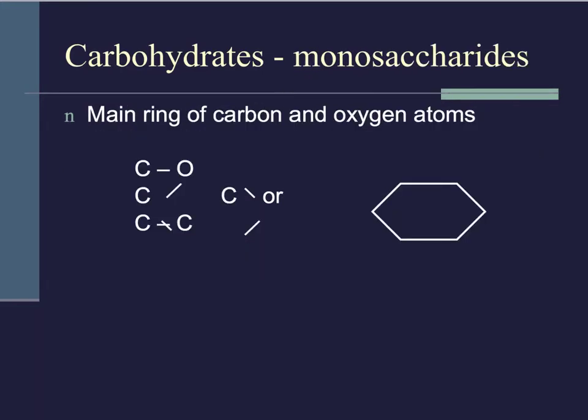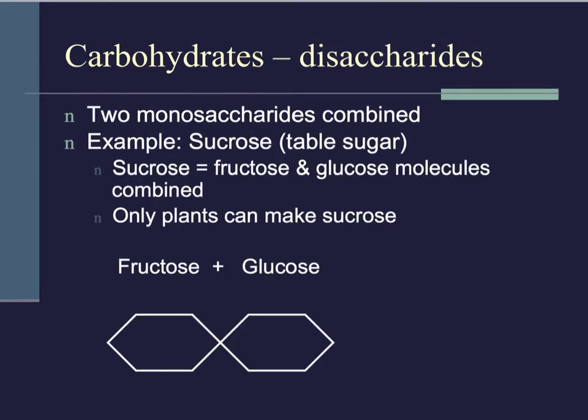There are different sizes of carbohydrates. The most simple are monosaccharides. Mono stands for one, and saccharide stands for sugar. Therefore, a monosaccharide is a single sugar, a ring of carbon and oxygen atoms. Monosaccharides can bond together.